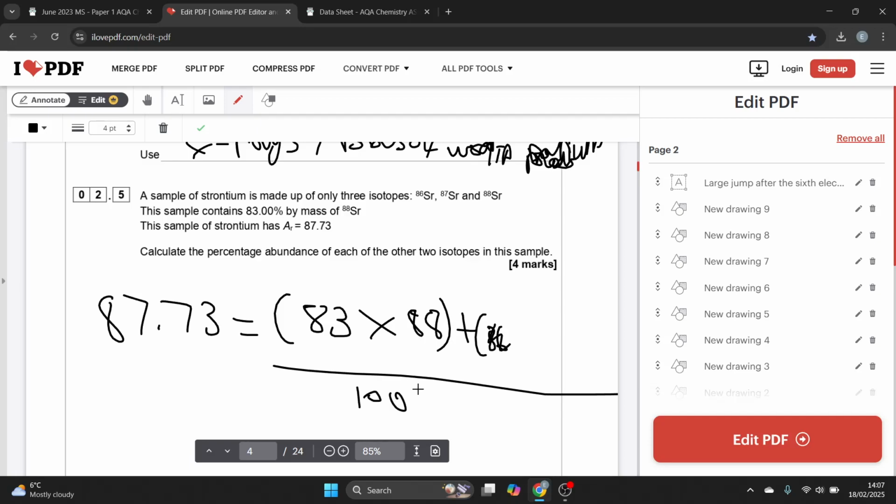So if I let 87Sr equal x, then what I would say is plus x.